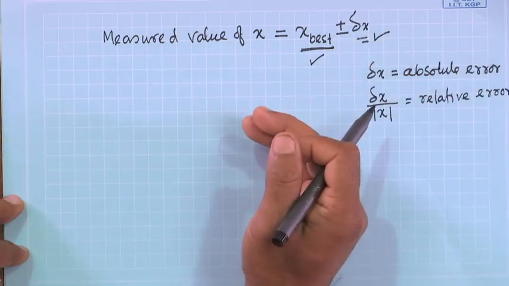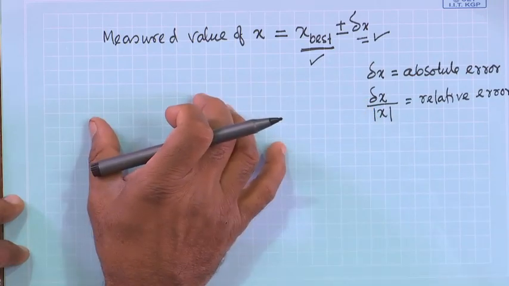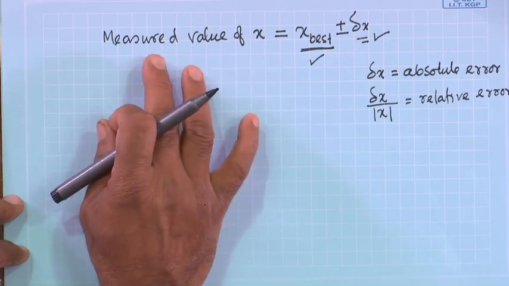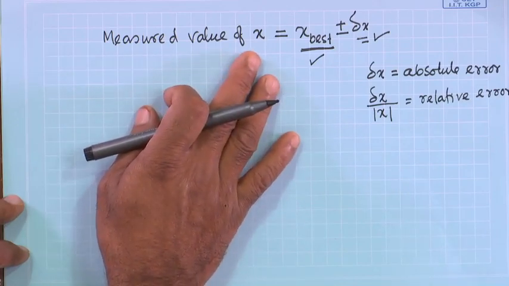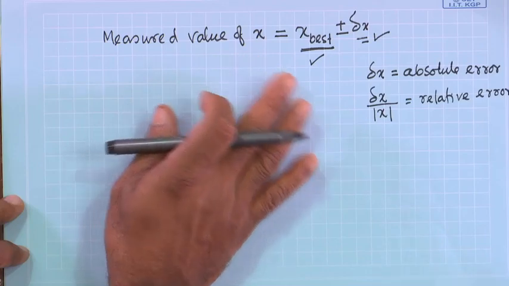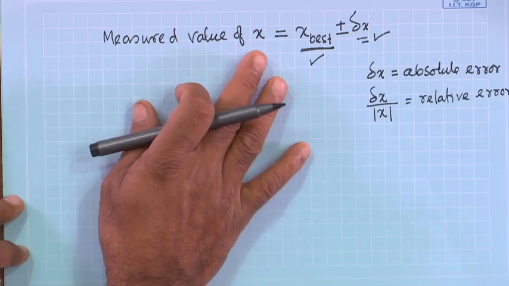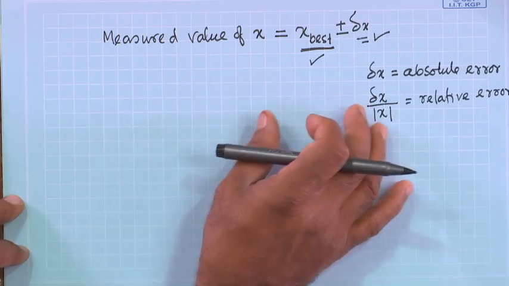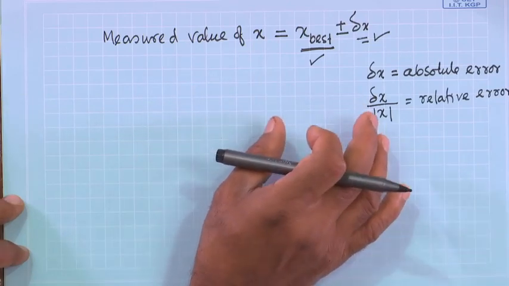When we calculate the measured value of x, we may not have measured it directly. It may happen that x is related to some other three or four parameters which we measure directly, and from those we calculate x.